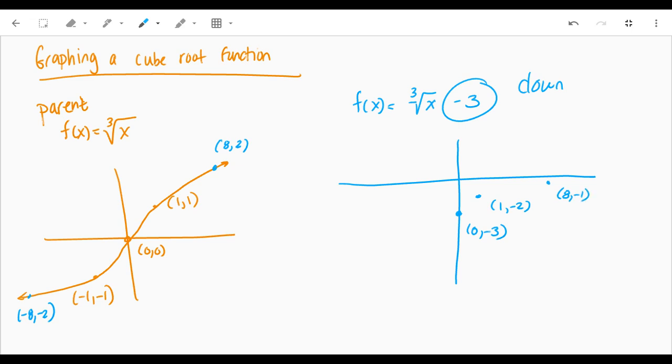Okay, and the point that was at negative 1, negative 1 will be at negative 1, negative 4. And the point that was at -8, -2 will be at -8, -5. Okay. There we go. So you're just, again, shifting those points. And it keeps not connecting for me. Okay. The next one is matching a parent graph with their equation.